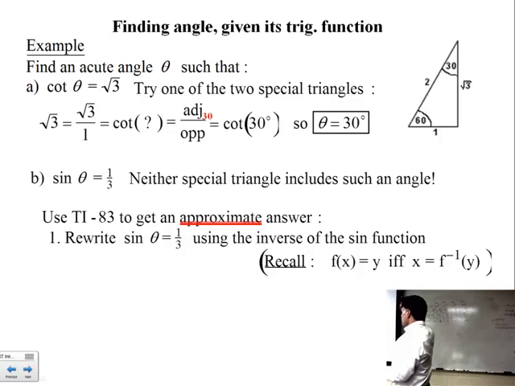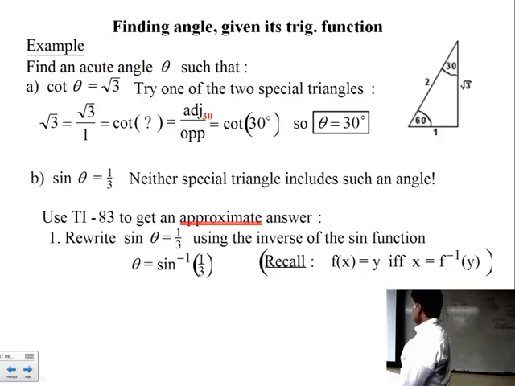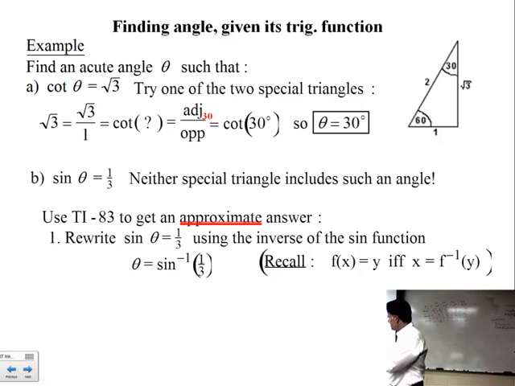Recall inverse functions: f of x is equal to y if and only if x is the inverse function of y, if f is a one-to-one function. So now, hitting both sides with the sine inverse function, theta is equal to the sine inverse of 1/3. This minus 1 in the exponent doesn't mean reciprocal, it means functional inverse, by that terrible abuse of notation.